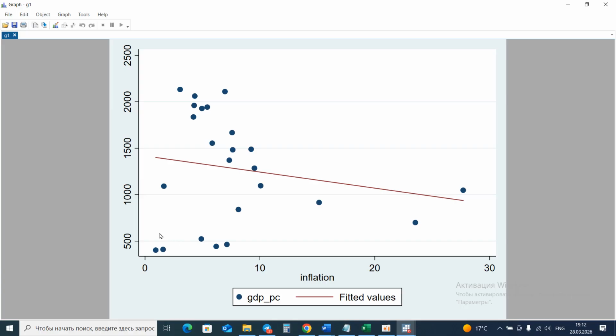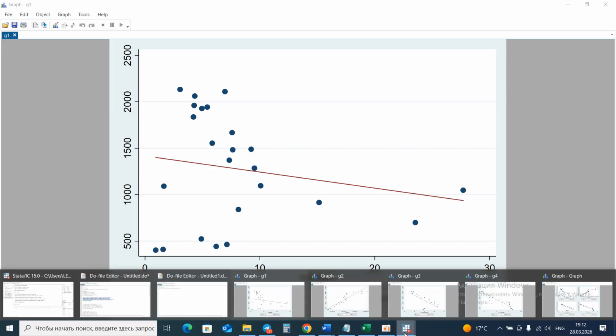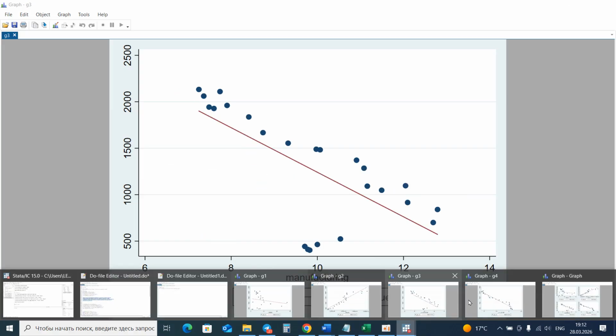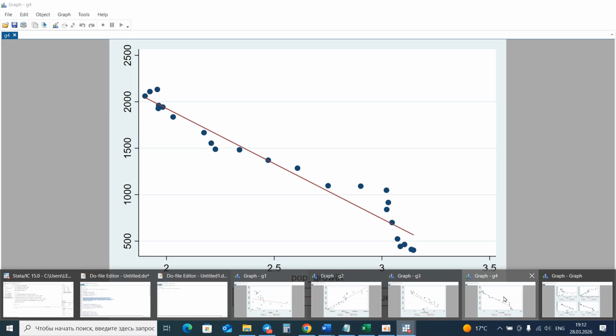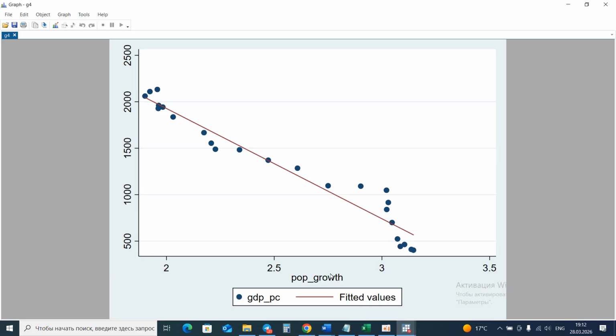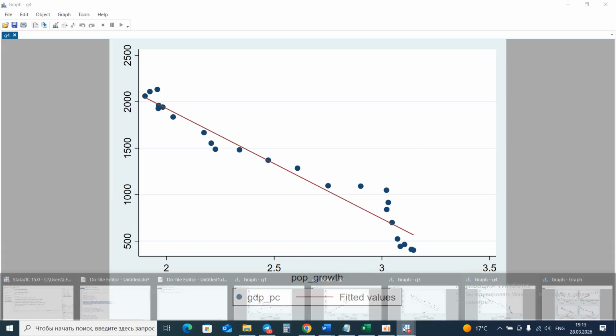But as you can see, these are located a little bit far from fitted values, while the same cannot be said about population growth. It is close or nearly at the same level as fitted values. So it means that change in population growth significantly affects our GDP per capita.